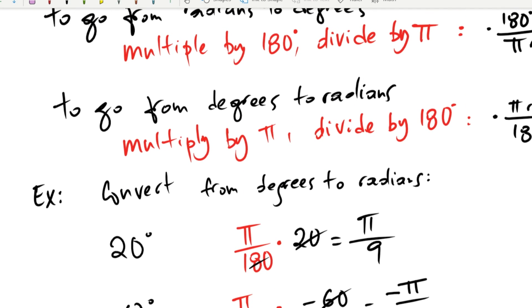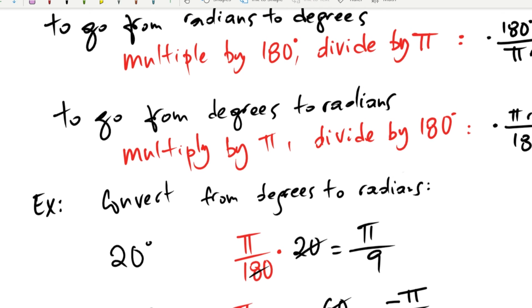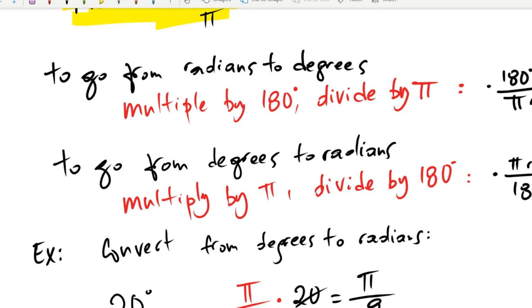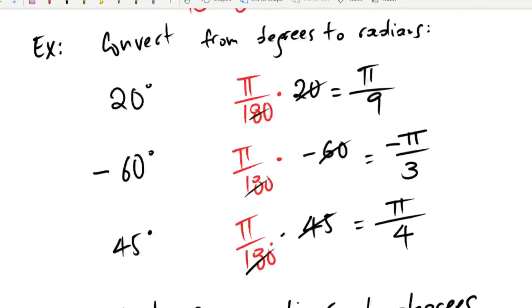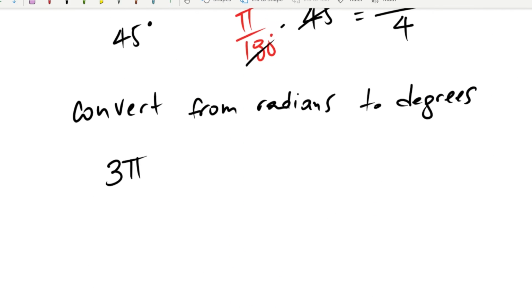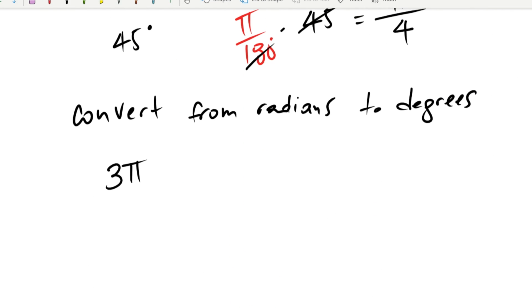From radians to degrees, we multiply by 180 and we divide by pi, and then we multiply by the given radians.